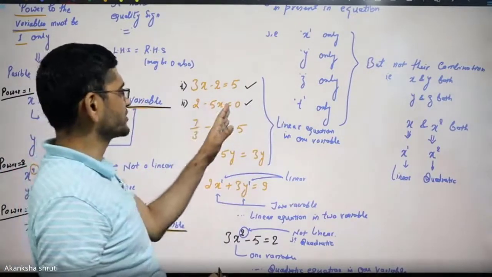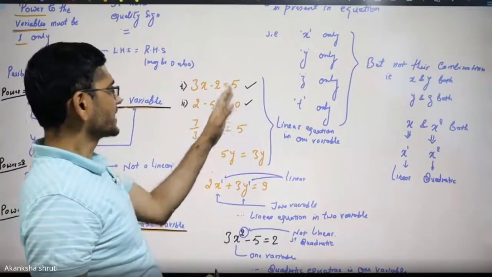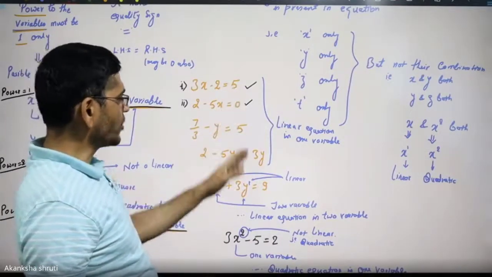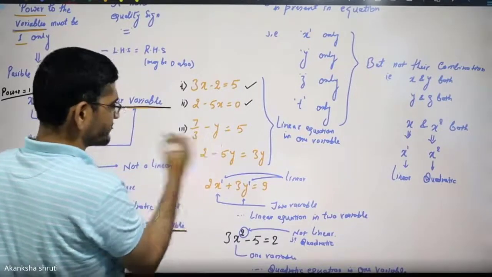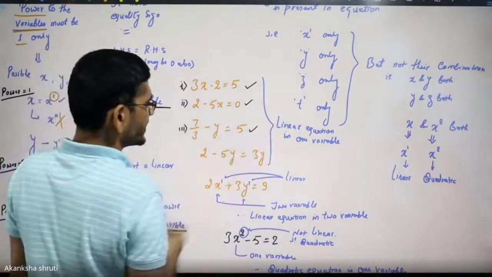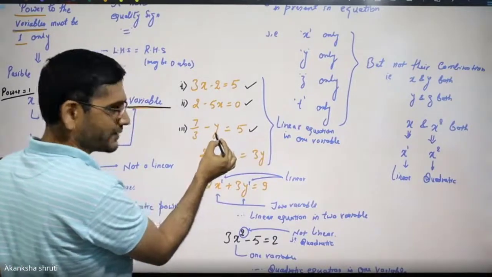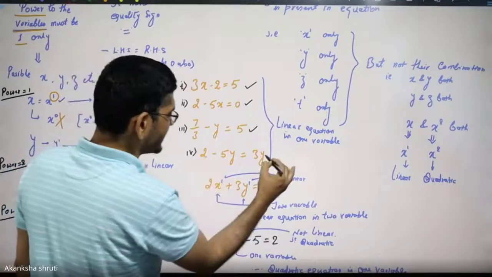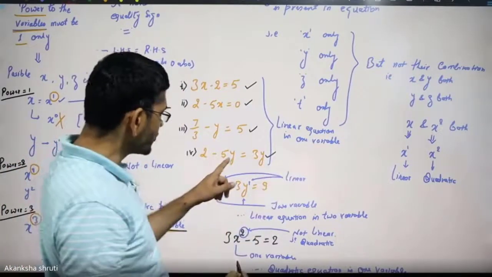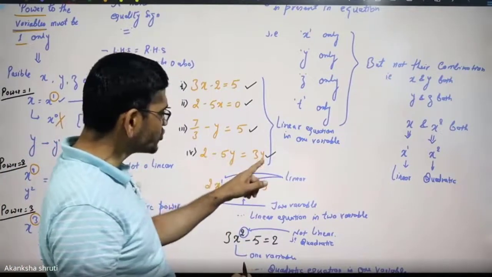So for this equality sign, the right hand side may be a number, may be 0, or even some variable also. For the third one, we have even written a fraction. It is also a linear equation in one variable, though the variable name is y here.